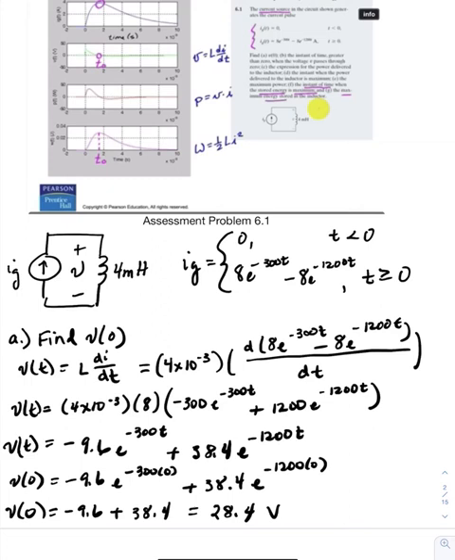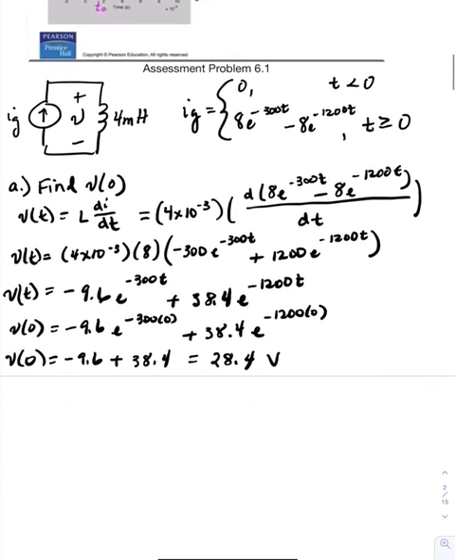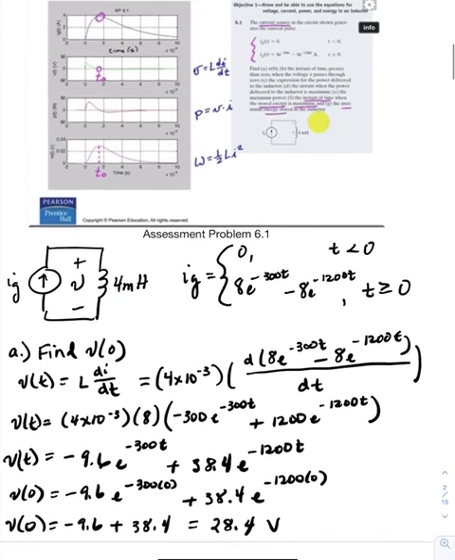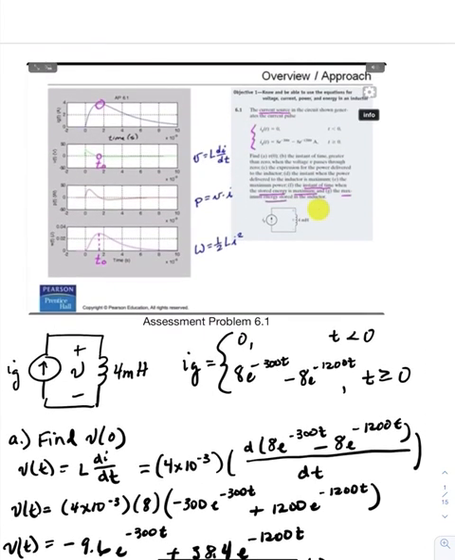Okay, so part B, find the instant of time greater than 0 when the voltage V passes through 0. If we look at our graphs here, the voltage is 0 at this point where T0.